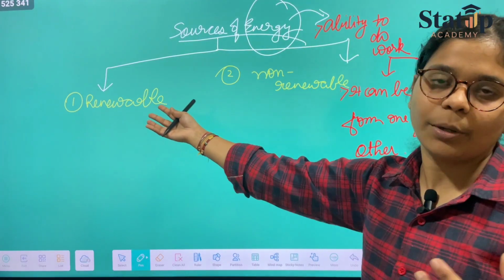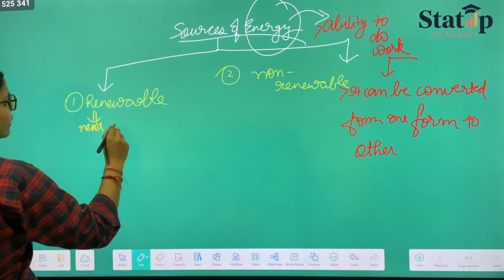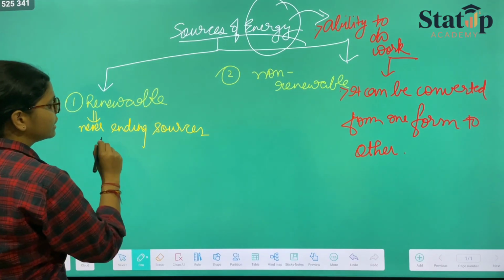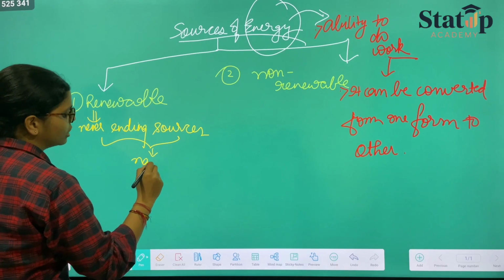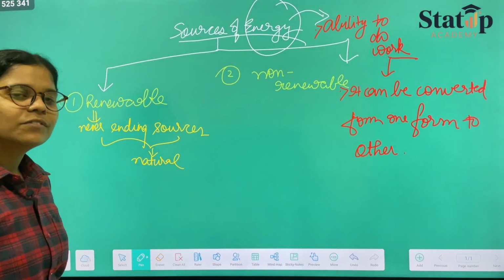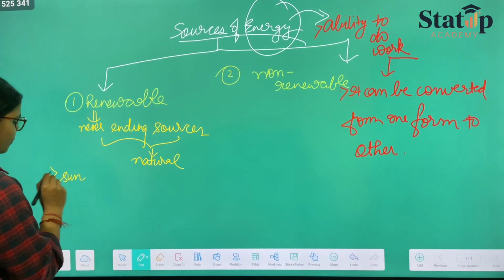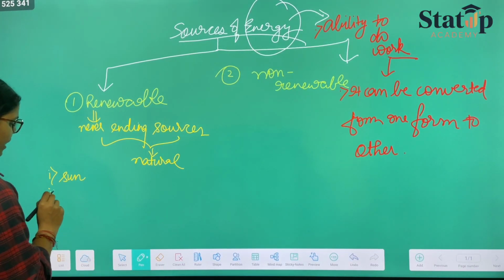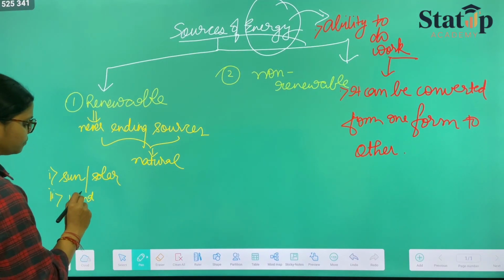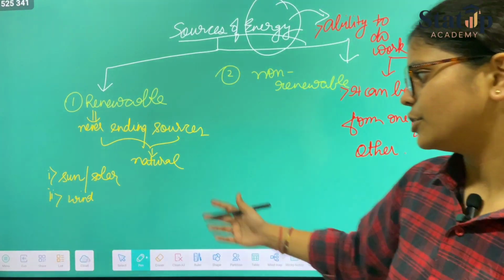Therefore we call them renewable sources of energy. Like never-ending sources, and mostly natural things, which could be used period after period. For example, solar energy, wind energy, hydro energy, nuclear power energy, so many types of energies we have.